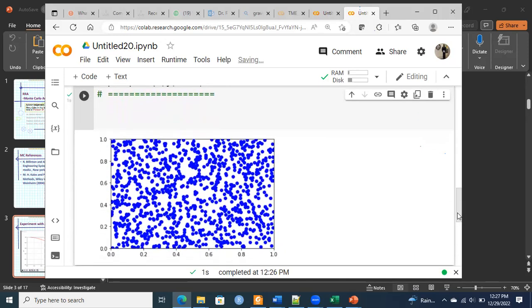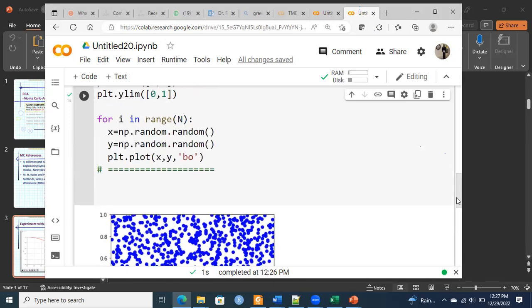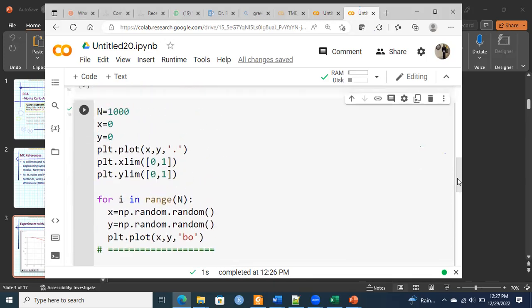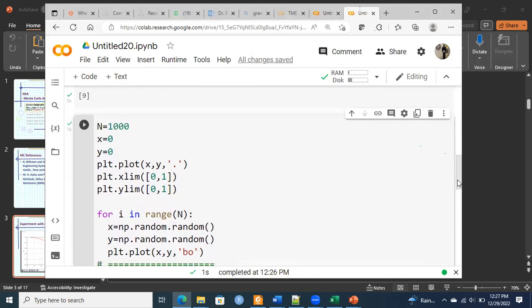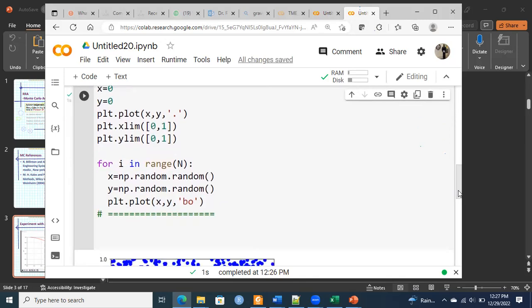Now we have got 1,000 points. With these points, you cannot identify a pattern. That's why we say these are random, and they are uniform. We can later on increase this number. Now let's do the other check, where these points have fallen.